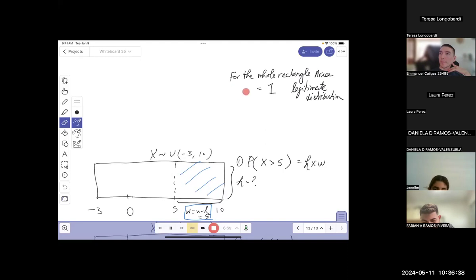So we put height times width, that's 1. The width is, like he said, the upper minus the lower of the whole thing. The upper is 10 minus the lower, which is minus 3. Be careful with the sign: this is actually 13, right? So from here to here is 13.